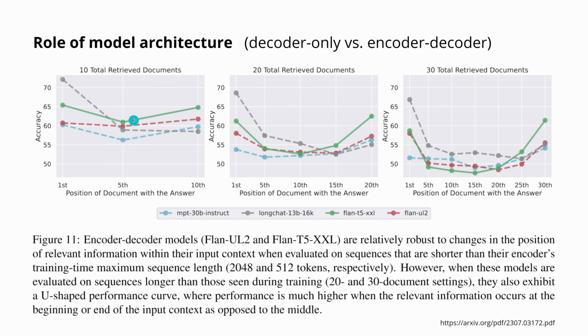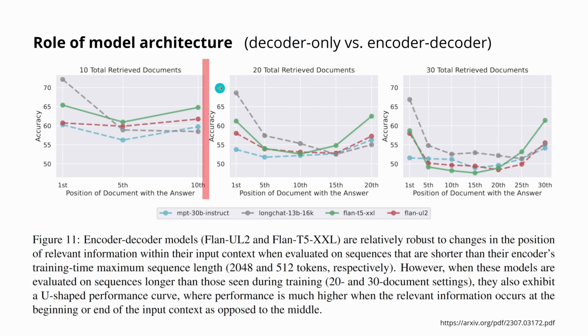And they found that although the encoder-decoder model is a little bit better, we still have the same U-shape happening. Let's just look at Flan-T5-XXL, the green. You have this U-shape, and the longer you go, this U-shape becomes more and more dominant. So it is not the architecture, the way we build our transformers.